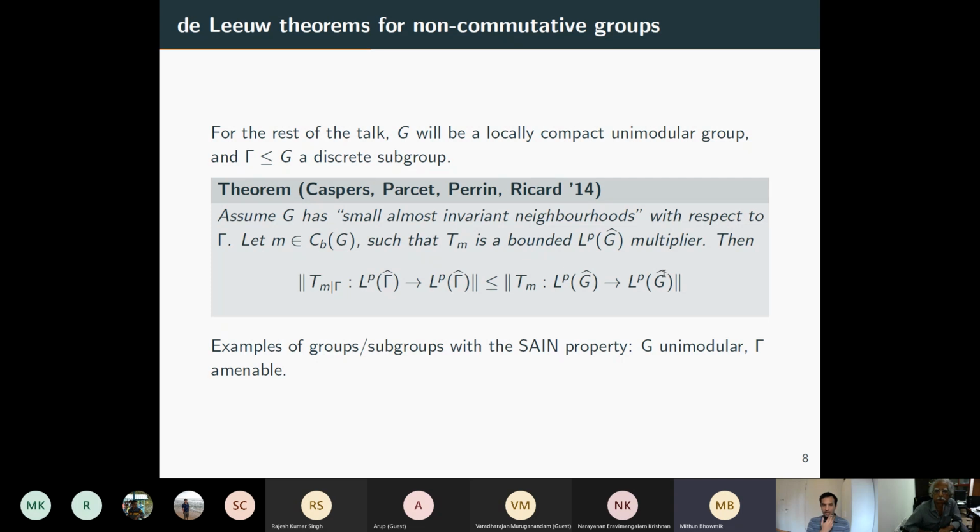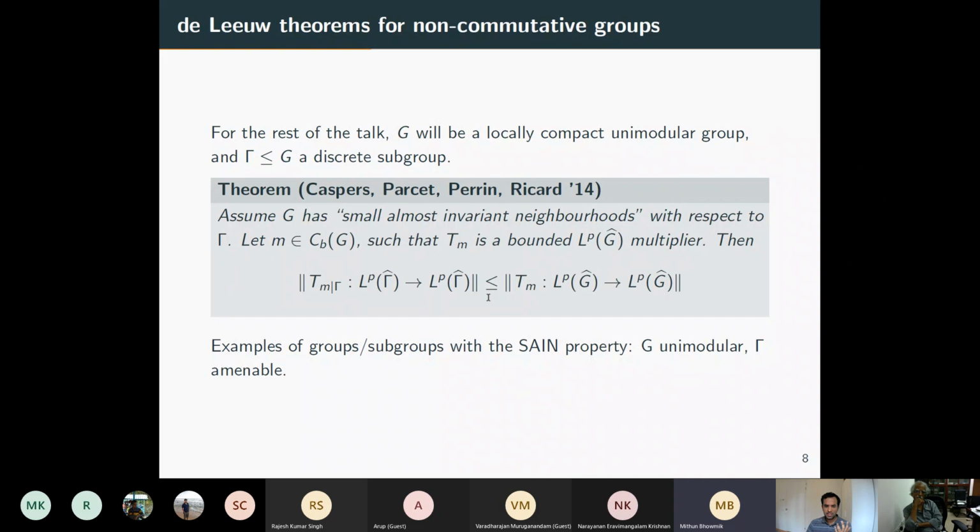Then Caspers, Parcet, Perrin and Ricard showed in 2014 that there is in fact a de Leeuw type restriction theorem in this setting: assuming that this group has something they call the small almost invariant neighborhood property with respect to this subgroup gamma, then there is a de Leeuw type restriction. So the restriction of a symbol gives a bounded Fourier multiplier on the appropriate space.